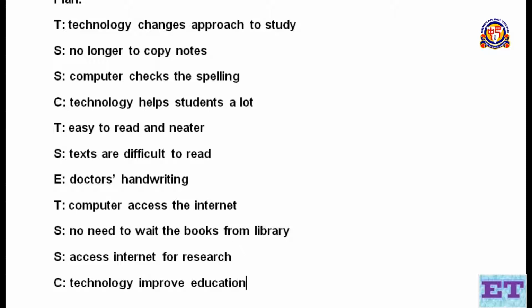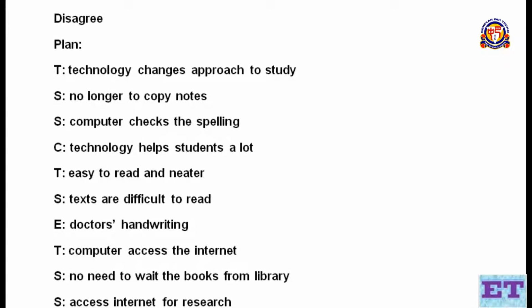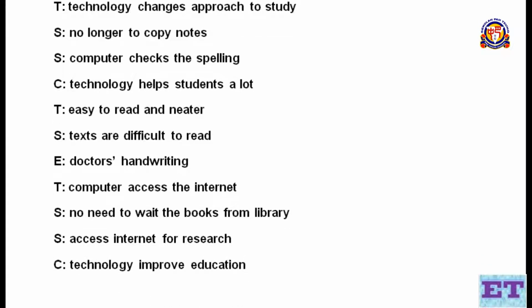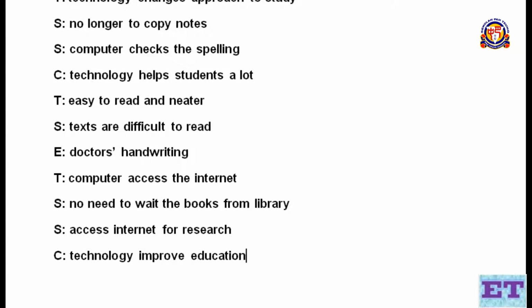So that's why I disagree if a computer is not used in the classroom. Okay, so we have already know the plan for this essay. Then now I'm going to type in a paragraph.